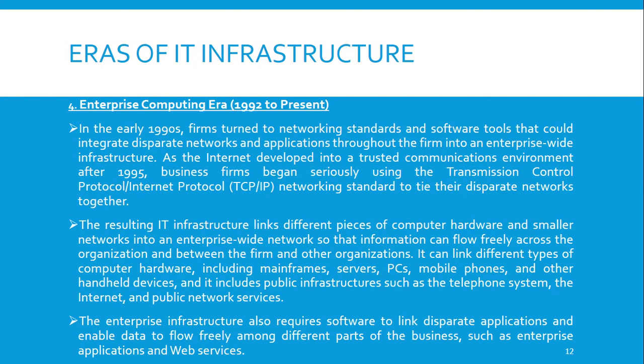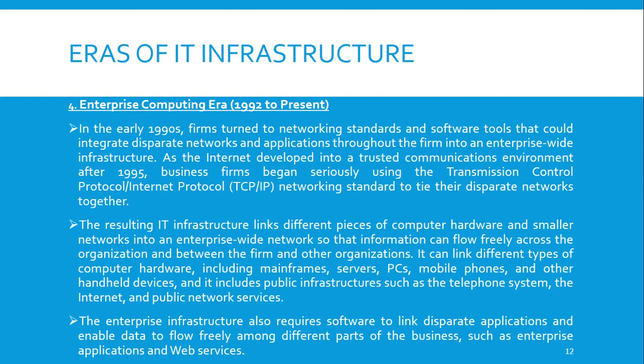Now, the idea behind enterprise computing was that we don't need to have different software serving the different units or different purposes of the business. Rather, we need to have one software addressing the needs of the entire business.